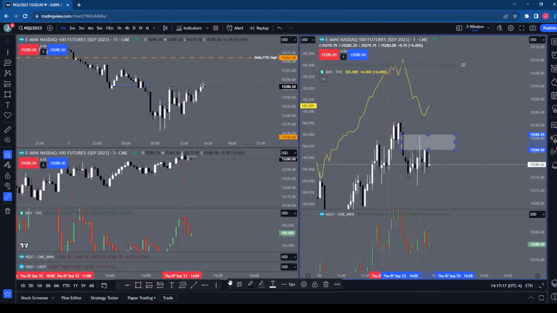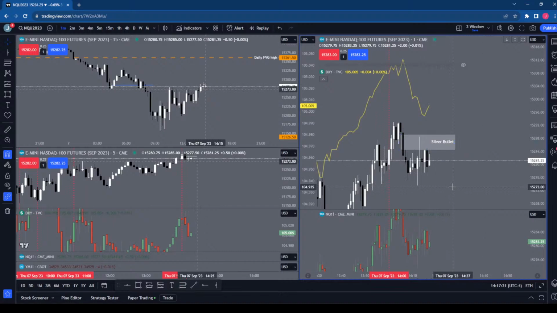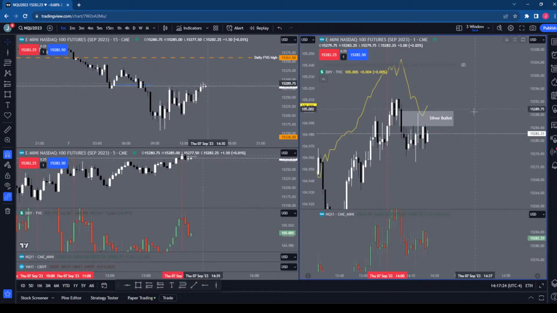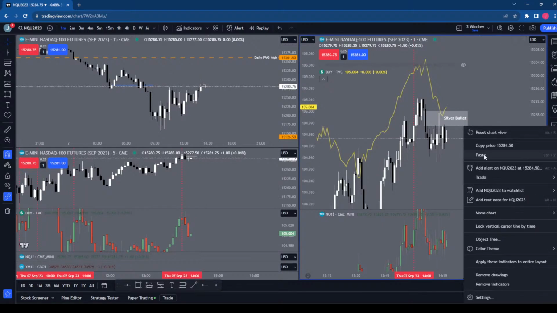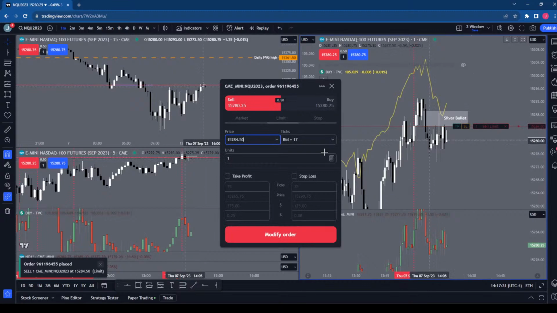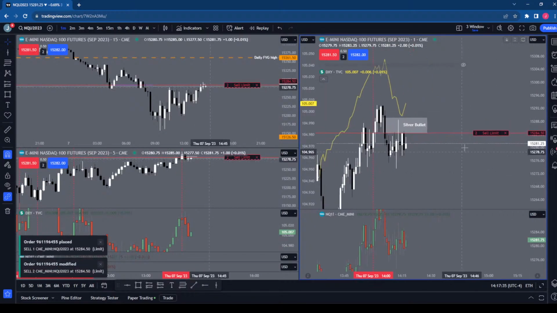If we return into this fair value gap, I would probably enter a short. Put my stop right there.